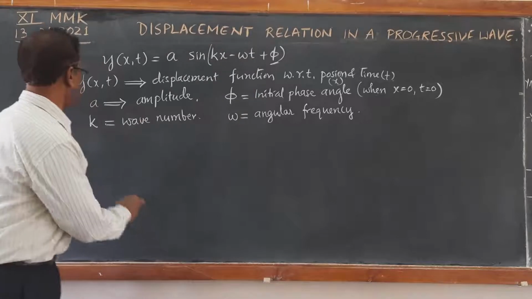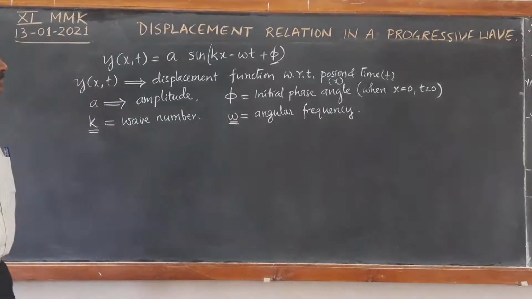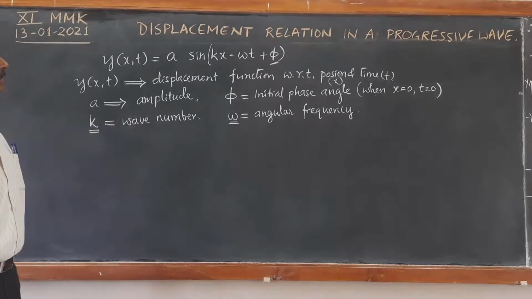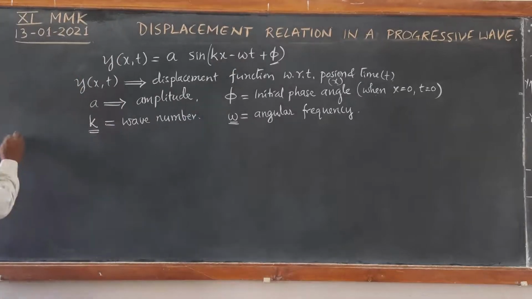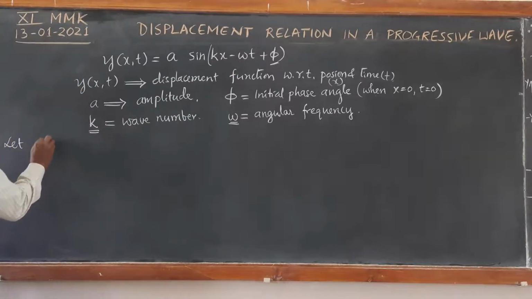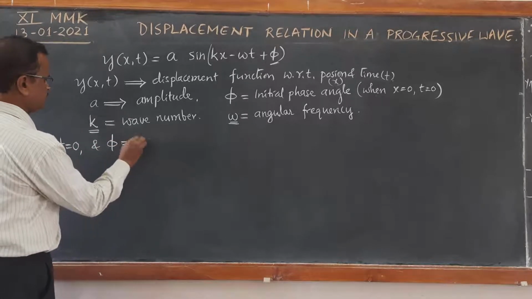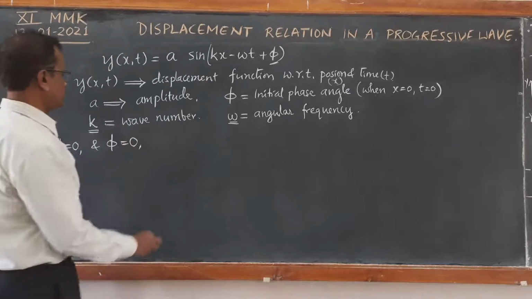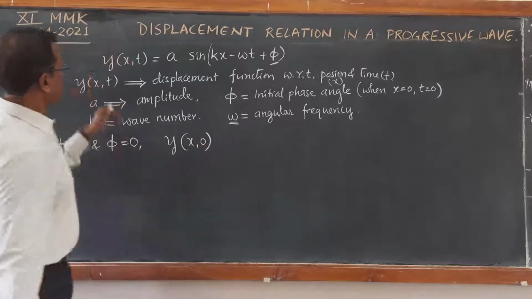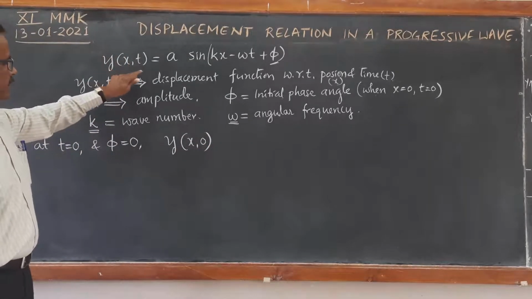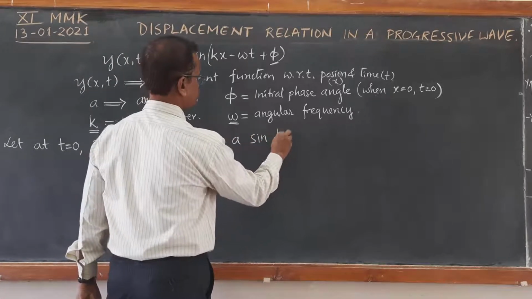Let us understand the meaning of wave number and angular frequency. To understand wave number, let us take time t equals 0 and phase phi equals 0. Putting t equals 0, we get y(x,0) = A sin kx.